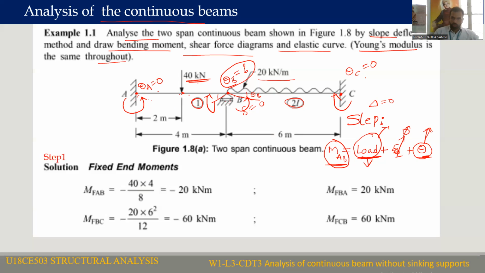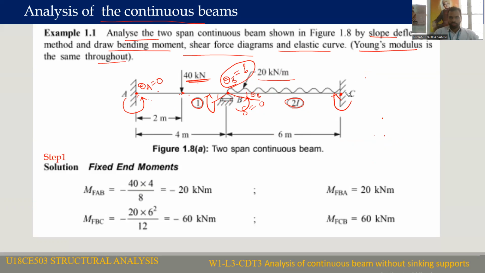These resisting moments are due to loading, settlement of support, and rotation of the support. Now, first I want to calculate the end moment due to loading. We were given the formulas for the calculation of end moment due to loading in the previous lecture.